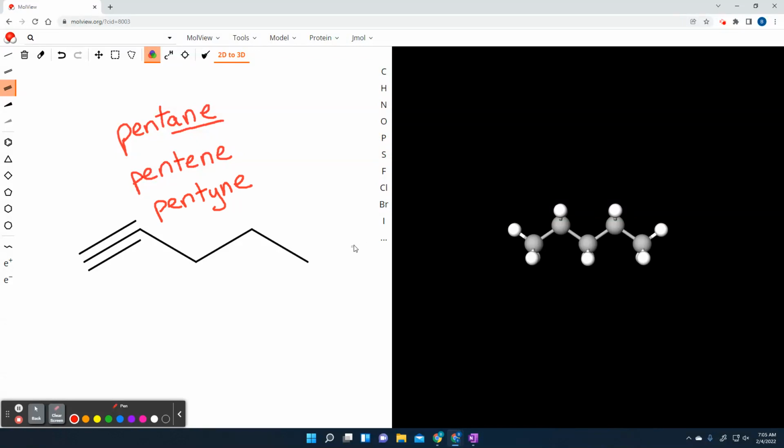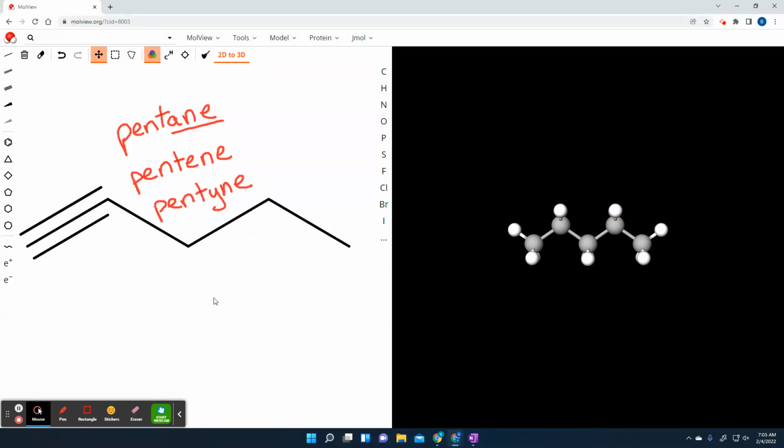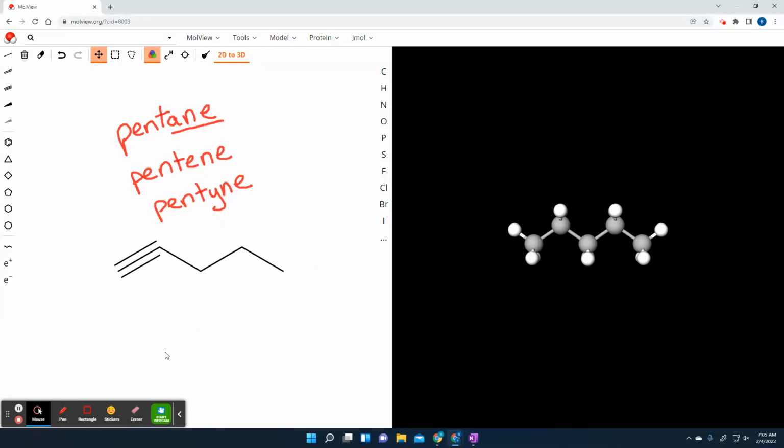Now, there's one other thing that we need to include. Not only do we have to show the fact that there's, say, a double or a triple bond in the compound, but we also have to state where it is.